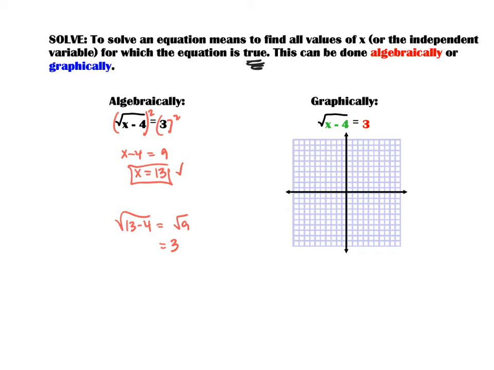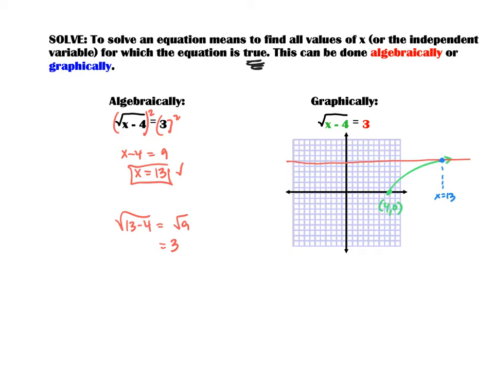Therefore, we can say confidently that x equals 13 is a solution to this equation. If we graphed this, let's take the equation square root of x minus 4. This is the parent function square root of x shifted to the right 4 units. And we want to know where it equals 3. If we go up 3 units, we would see at this point, and this is clearly not to scale, at x equals 13, the intersection of those two equations.